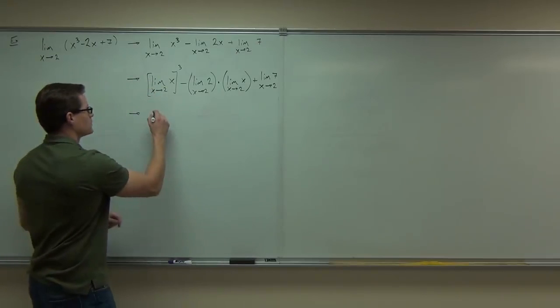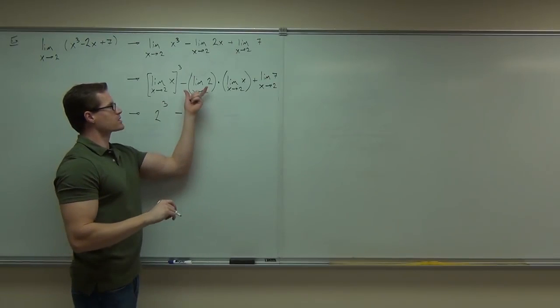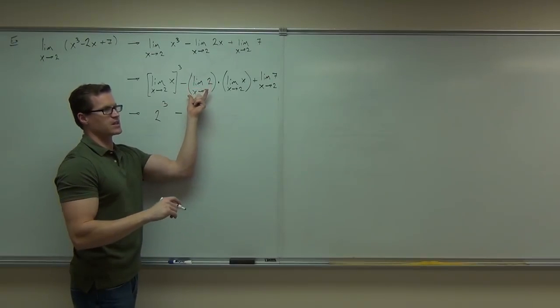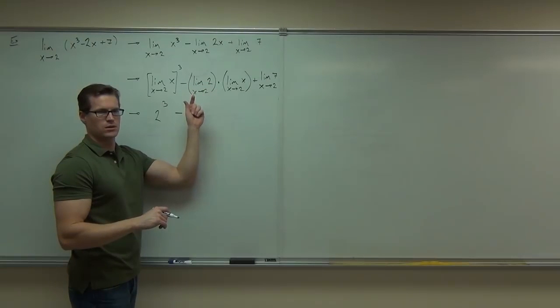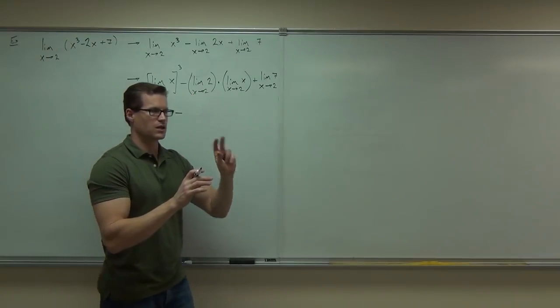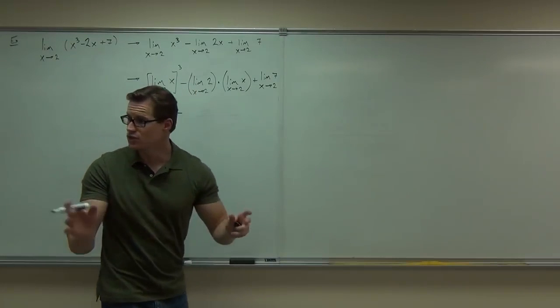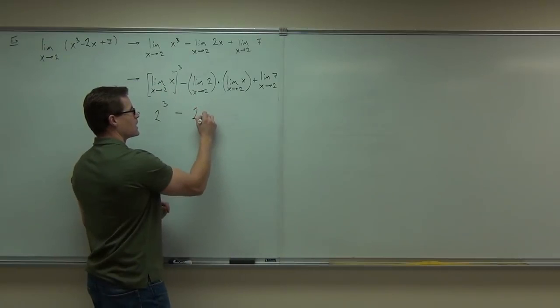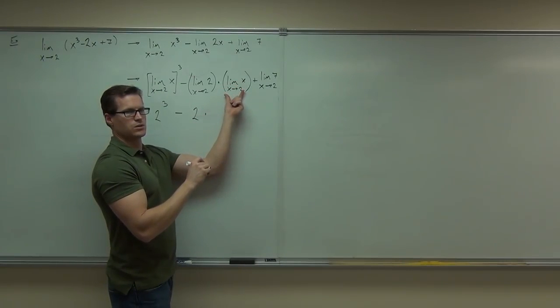Yeah, 2. And then I can cube it. Minus. Oh, how about this one? What's the limit of 2? Doesn't even matter what I'm approaching, but what's the limit of 2 as I'm approaching 2? The limit of a constant is the constant. So what's the limit of 2? It's 2. It never changes. 2. Times. How about this one? What's the limit of x as x approaches 2?